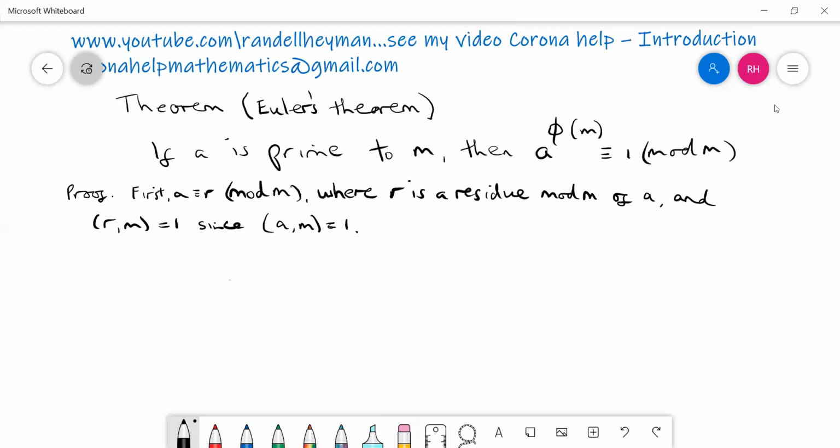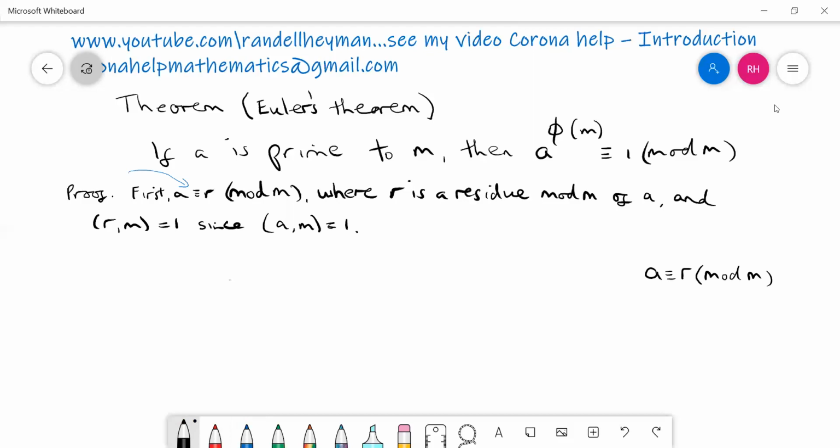We've got this R that suddenly cropped up, which is not in the statement of the theorem, and we're told up here that A is equivalent to R mod M. Just as another point before I launch in, you might want to allocate yourself an A and an M, where A and M are co-prime, or the GCD is equal to 1, and follow through the proof using your values.